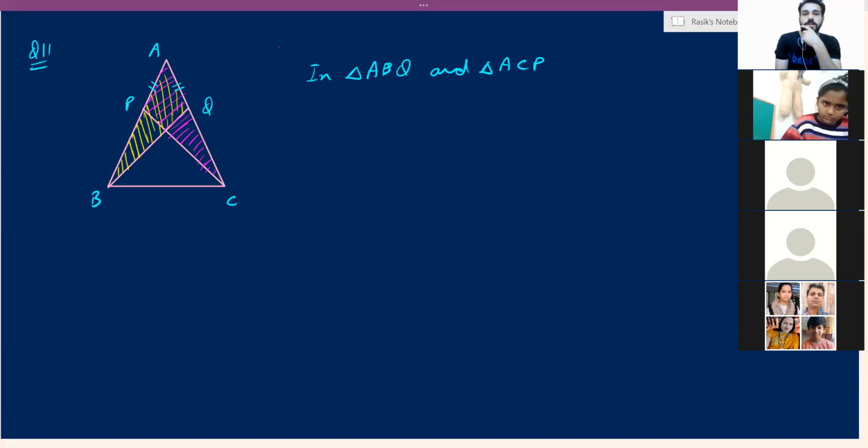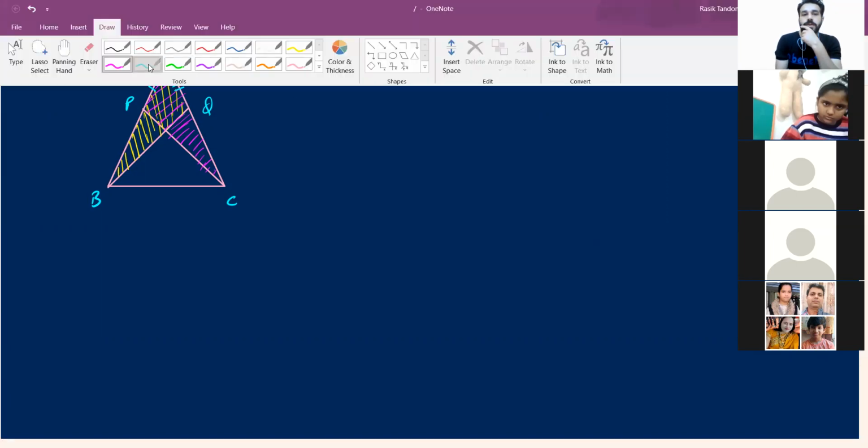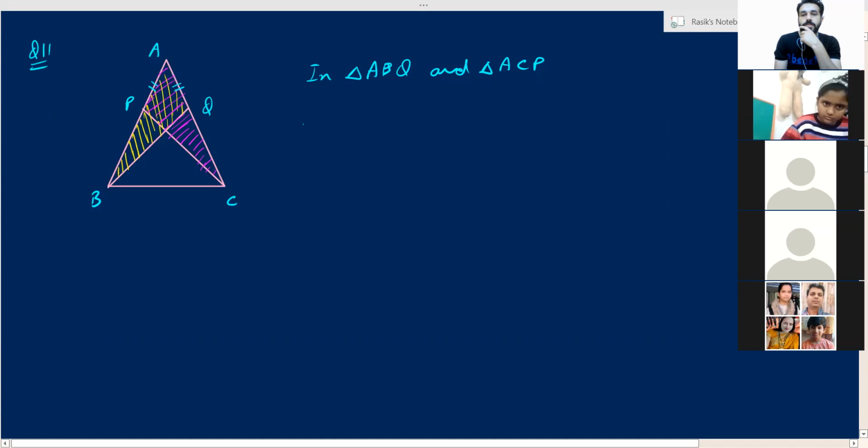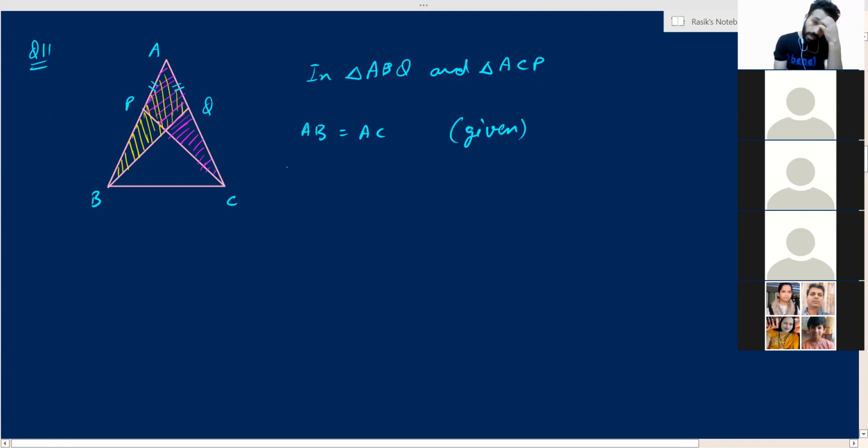Let's start. Here AB is equal to AC, given. AB is a side of triangle ABQ and AC is a side of triangle ACP, given they are equal. And AQ is equal to AP. AQ is a side of which triangle?